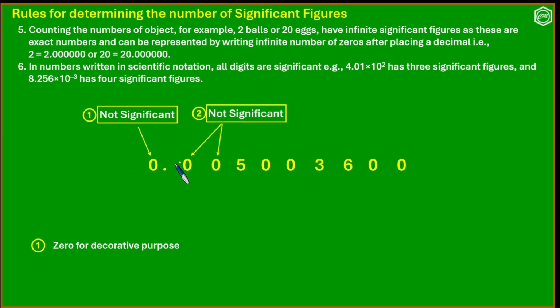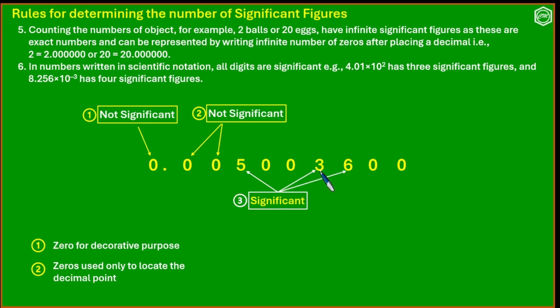Now, these two zeros are also not significant because these two zeros are used only to locate the decimal place. Now, these 3 digits are significant because they are non-zero integers.